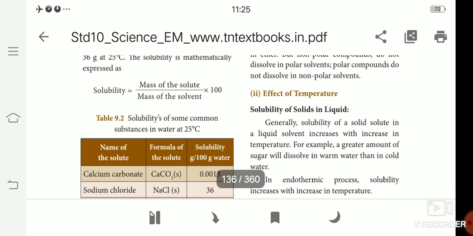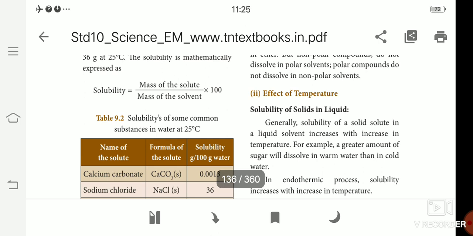The solubility of a solid in a liquid follows two types of process: endothermic and exothermic. In an endothermic process, as the temperature increases, the solubility increases. In an exothermic process, as the temperature increases, the solubility decreases.